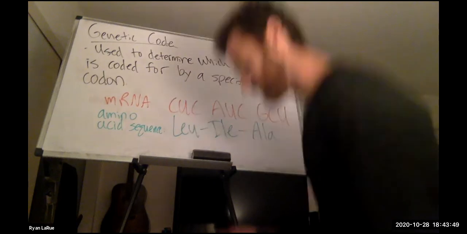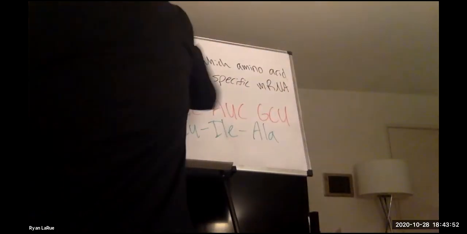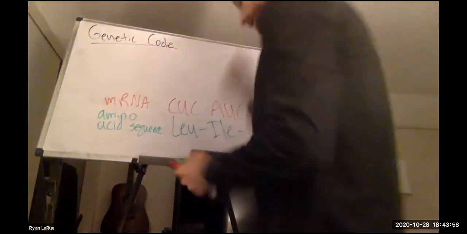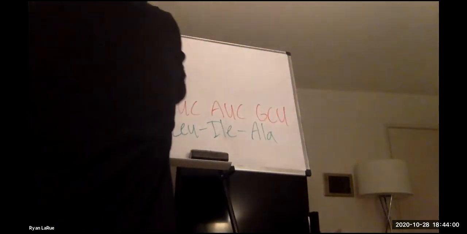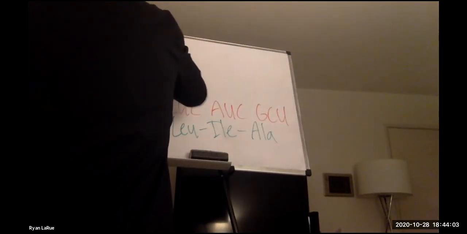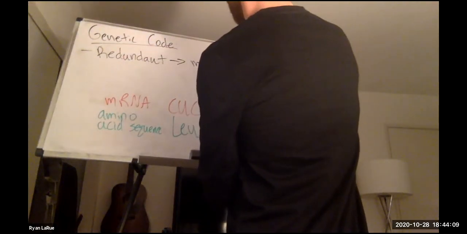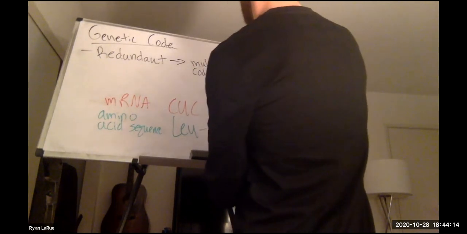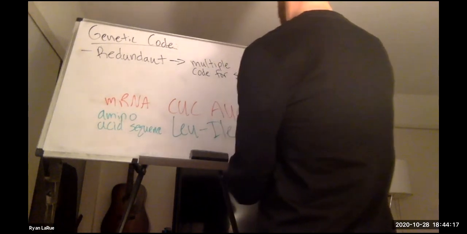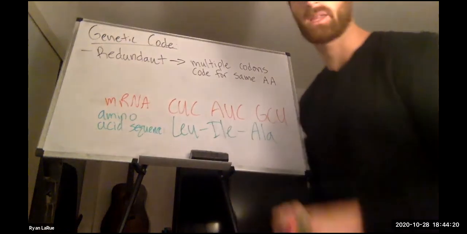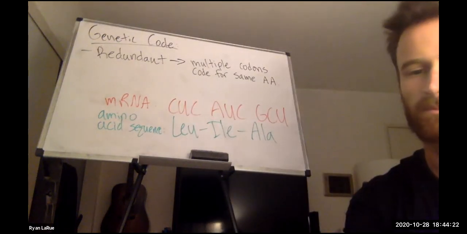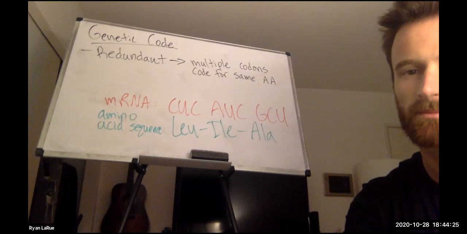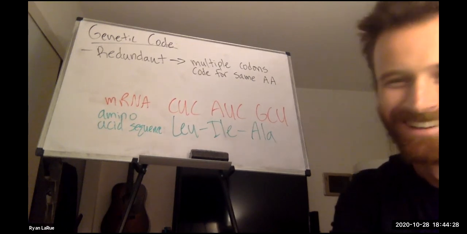All right, so let's talk about 2 more important notes about the genetic code, one of which you've already seen. The genetic code is redundant. So what this means is that multiple codons code for the same amino acid.